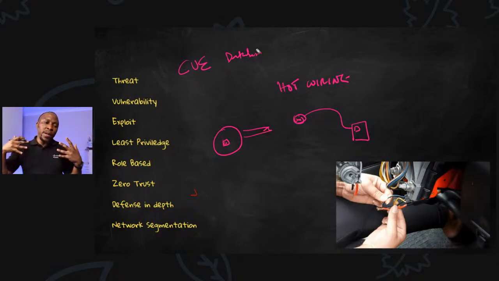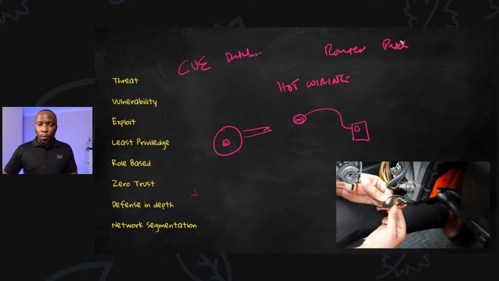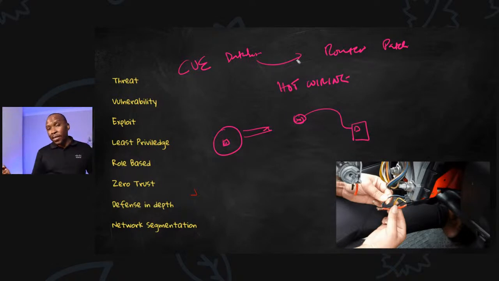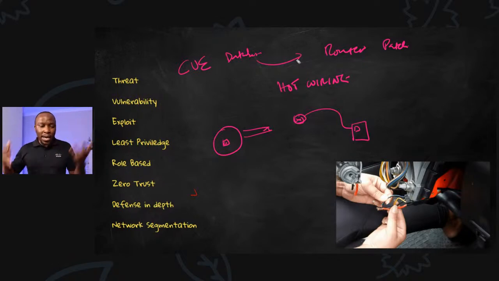So usually when a vulnerability is identified on a router, the vendor usually comes up with a patch which fixes that particular vulnerability. So what CVE does is publish the vulnerabilities in different devices, and it becomes your responsibility to make sure that you patch your devices to protect against that vulnerability.